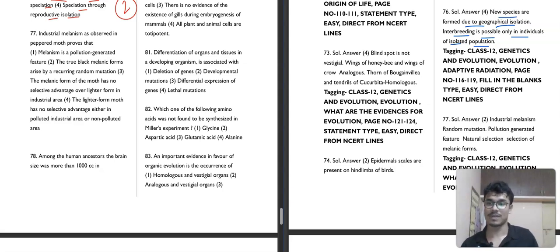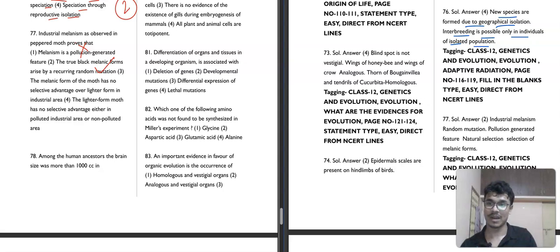Then question number 77. Industrial melanism is observed in peppered moth proves that melanism is a pollution generated feature. No, this is not pollution based basically. The true black melanic forms arise by recurring random mutation. It is absolutely correct because of natural selection.